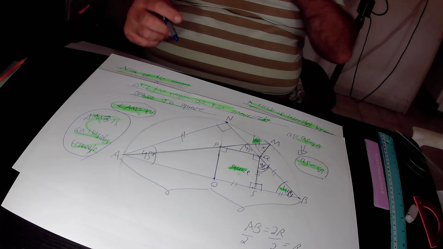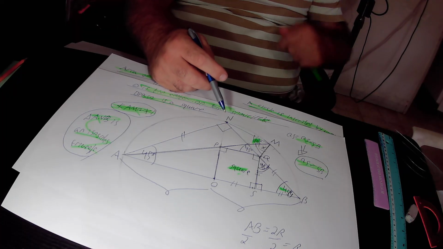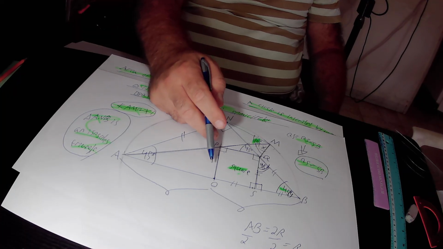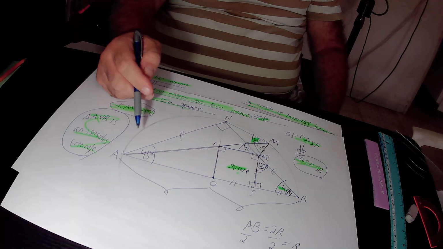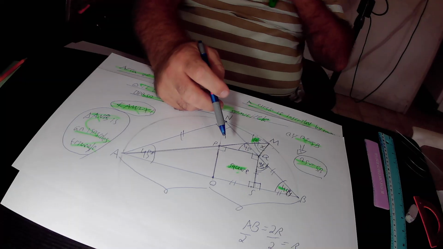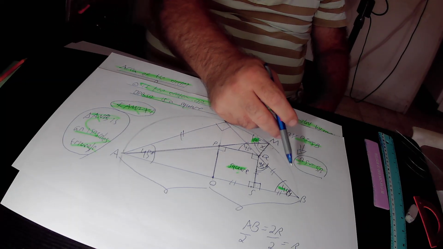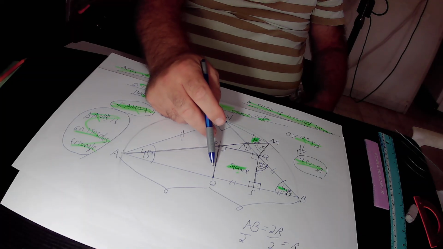And therefore, the perpendicular from point N must touch side AB at the midpoint of AB.